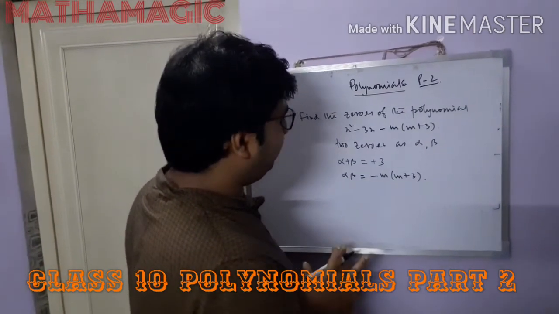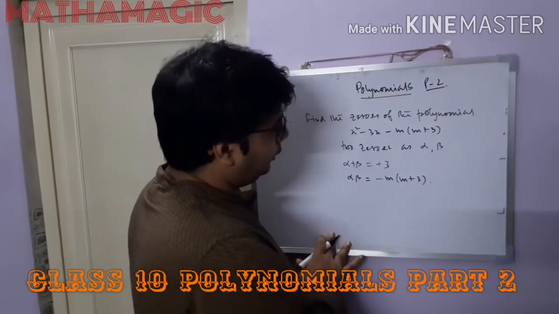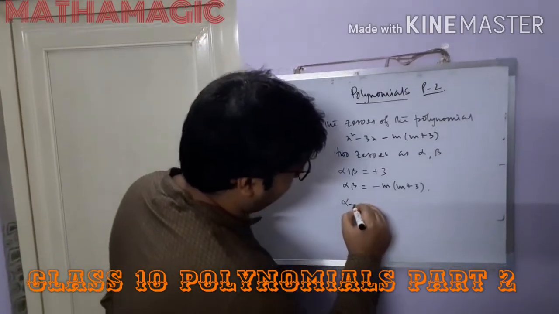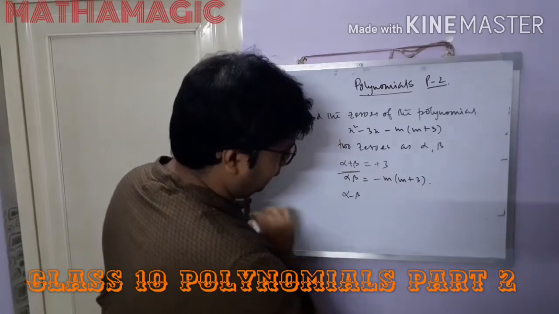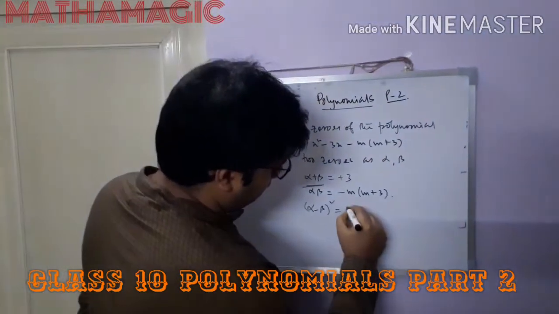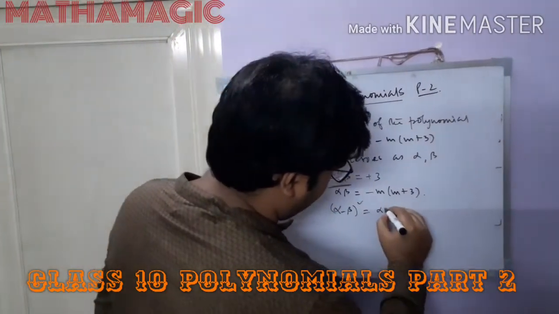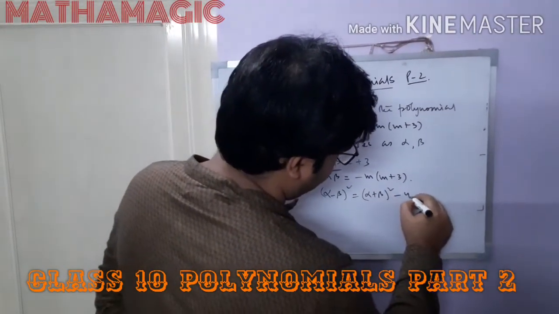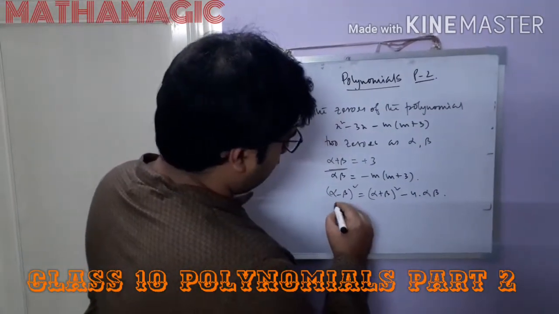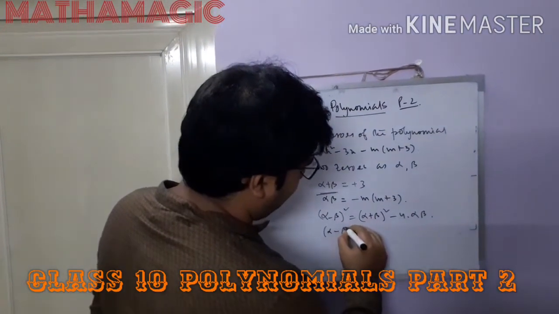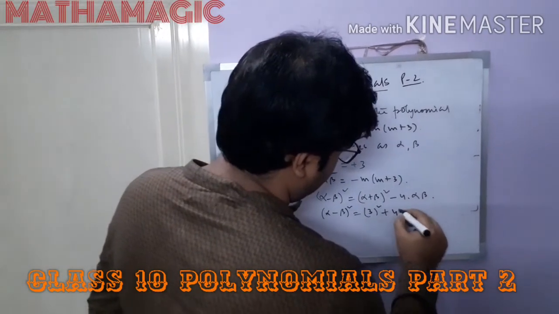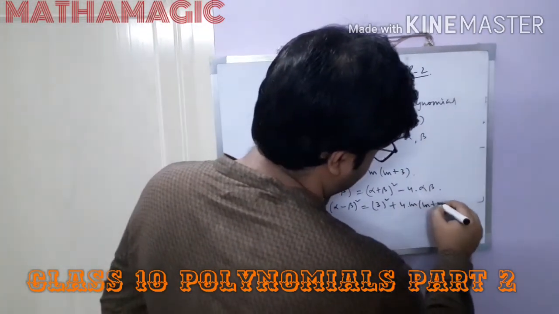So in order to find the values of alpha and beta, we can use the procedure of finding alpha minus beta. Alpha minus beta whole square equals alpha plus beta whole square minus 4 into alpha beta. That is the formula. Putting the values, 3 whole square, minus, that will become plus 4m into m plus 3.